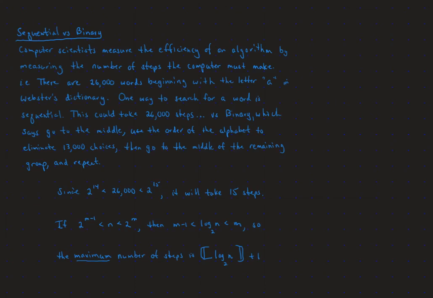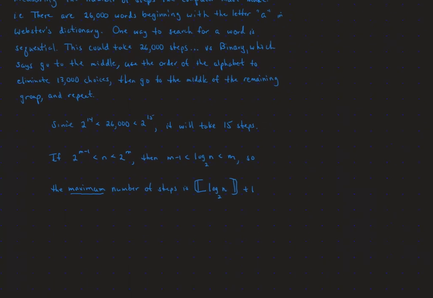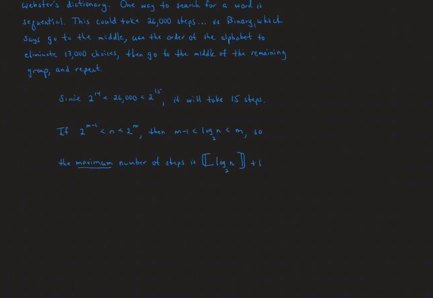So by using that binary strategy, because 26,000 is in between 2 to the 14th and 2 to the 15th, it will take at most 15 steps to find the word you're looking for out of the 26,000 possible choices.